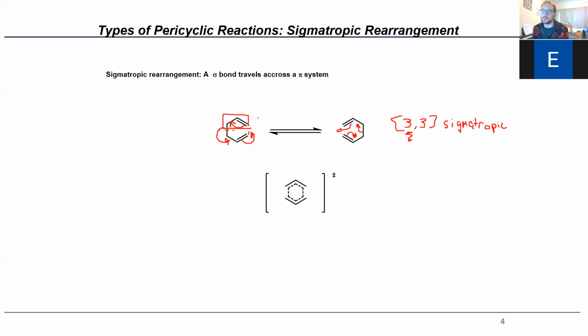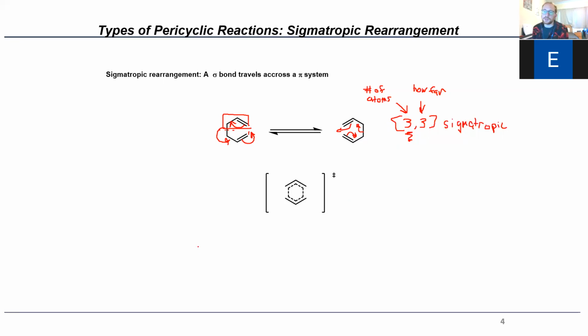So this allyl group migrates 3 positions, so it's a 3,3 sigmatropic rearrangement, where the first number is the number of atoms, meaning carbons or oxygens or whatever the migrating group is, and the second is how far it travels. And we'll do some practice on the naming conventions of the sigmatropic rearrangement in a little bit.